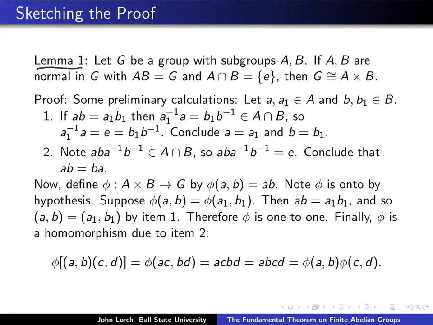So if those things are in place, then we'll know that G is isomorphic to the direct product of A and B.